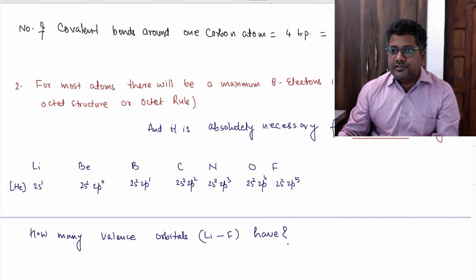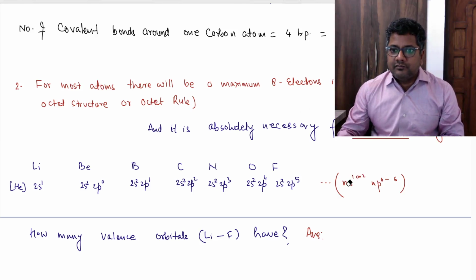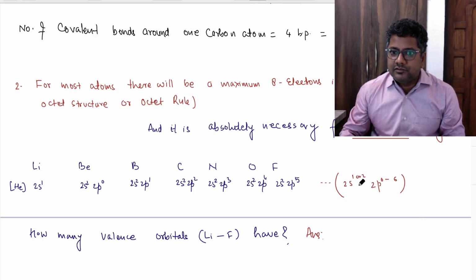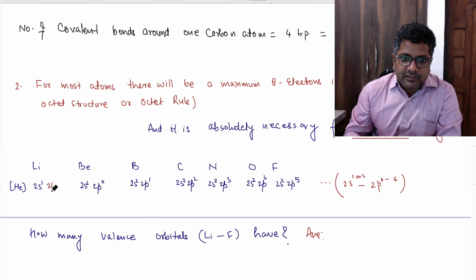So the answer is, how many orbitals do they have? Basically, the valence shell electronic configuration here is ns1 to 2 and np0 to 6, or you can say 2s, not n, because I have fixed lithium to fluorine. So this is 2s2 and 2p0 to 6.